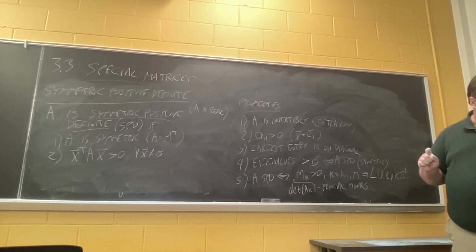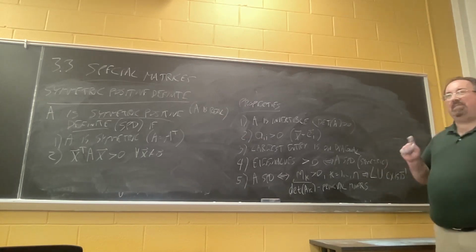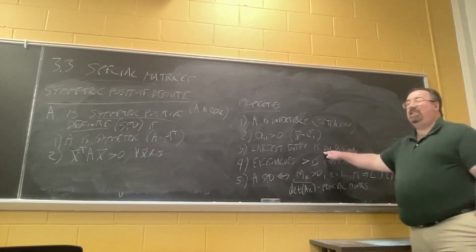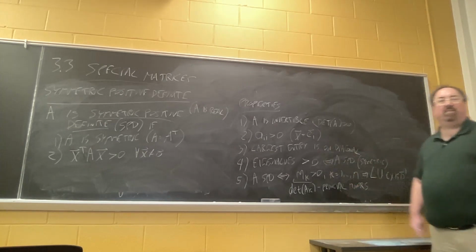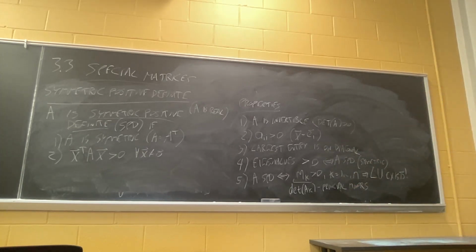Unfortunately, I don't recall why that is, so my notes are not complete in that respect. But it actually makes sense to me, because you get the largest entries on the diagonal, so that could have the effect of limiting the size of the multipliers. So then I'm thinking, if I have AX equals B, and I know that A is SPD, I can just do Gaussian elimination without pivoting and I'm good.